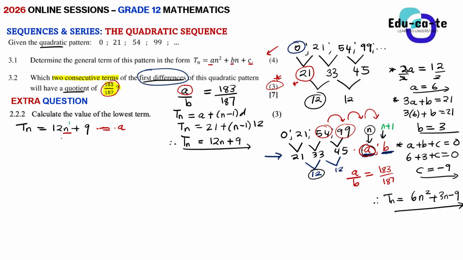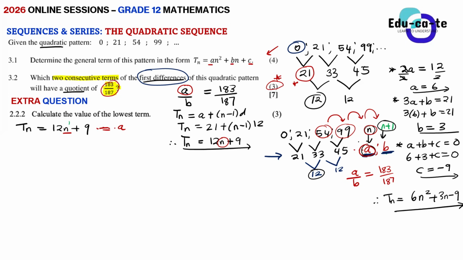Let me repeat for the last time. The position of the value A in this arithmetic sequence, I'm going to say it is n. So if I'm trying to find the value A, I need to substitute n into this general formula. The nth term is equal to A. And for me to find the value B, remember, its position is n plus 1.